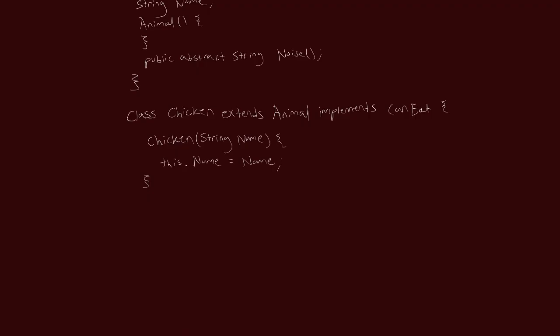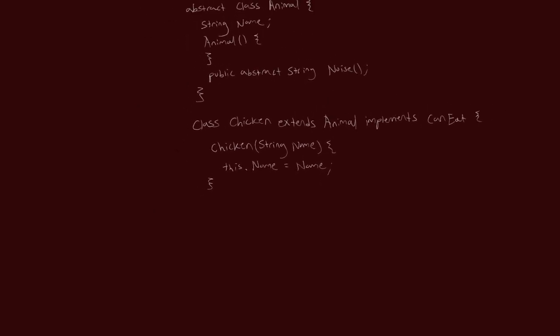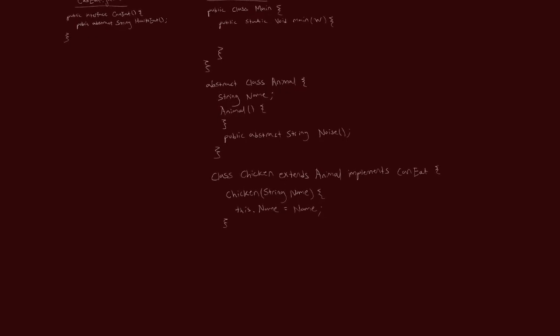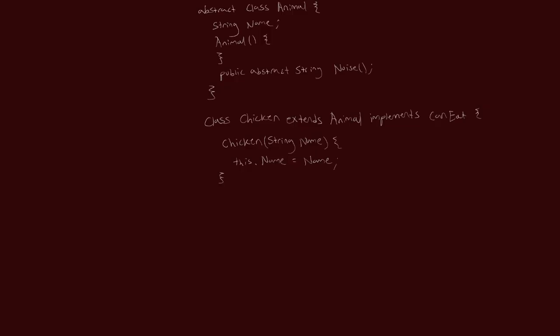And let's see what else. So chickens are eatable, so we will do a howToEat method. So public String howToEat.